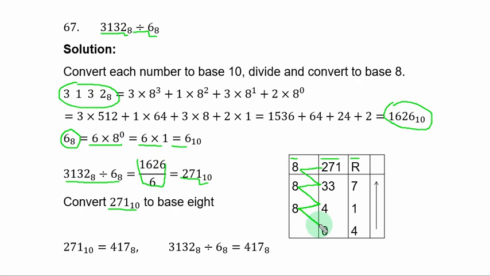So you record the result upward. So it means that 271 base 10 is equal to 417 base 8. Therefore, 3132 base 8 divided by 6 base 8 is equal to 417 base 8. So the procedure is converting the two numbers to base 10.